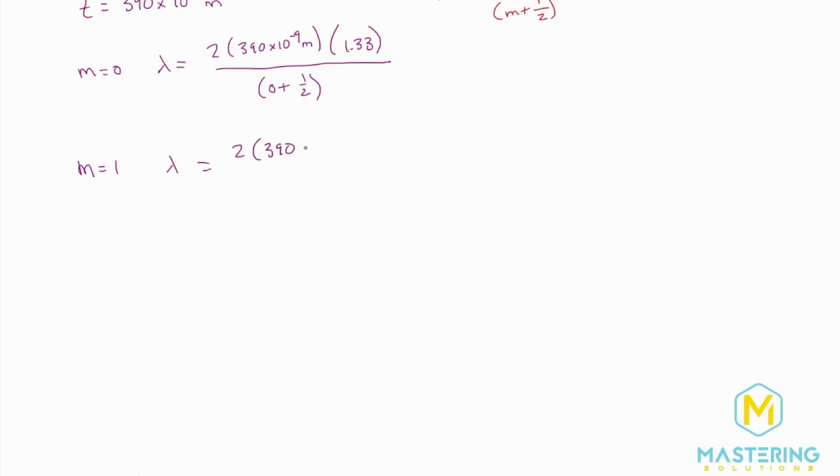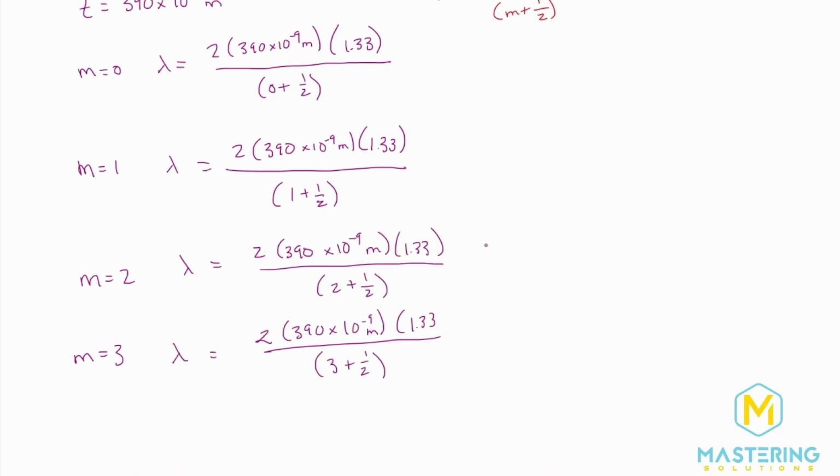All of this will stay the same, of course. The only thing that's going to be different is the m. So now we have 1 plus 1/2. And then we'll do m equals 2, and let's also do m equals 3, and we'll see where that gets us. We can plug these all into the calculator pretty quickly since we're just changing one number.